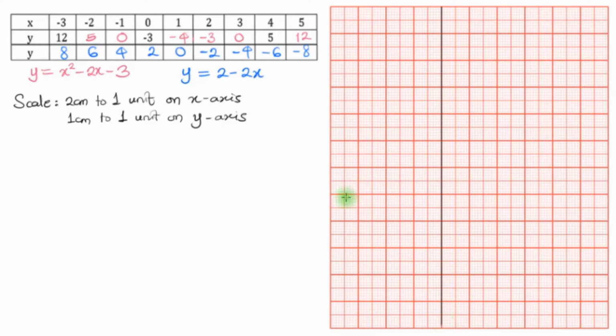Horizontal axis, and then our vertical axis, and we can just label them. This is 0, and this will be 2, 4, 6, 8, 10, and 12 on the y-axis. Okay, so we have -2, -4, -6, -8, and that is catering for our least value and our highest value.